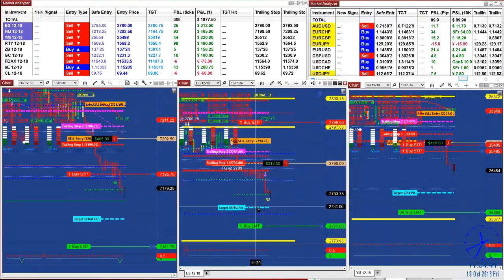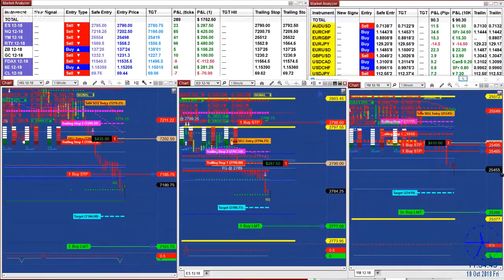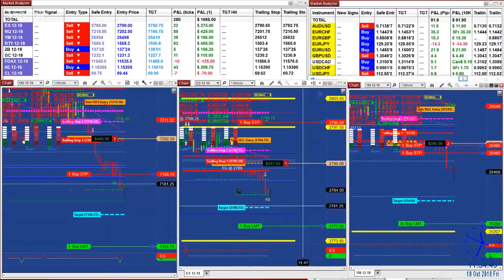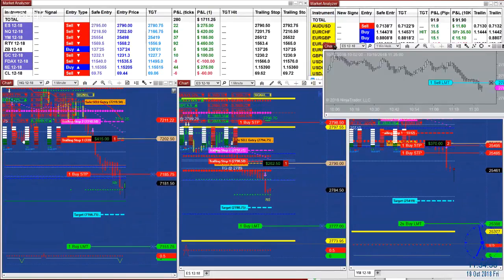On the ES is 81.75. There is a double projection, one on the Nasdaq and one on the ES. So look at those guys. Look very carefully on this.